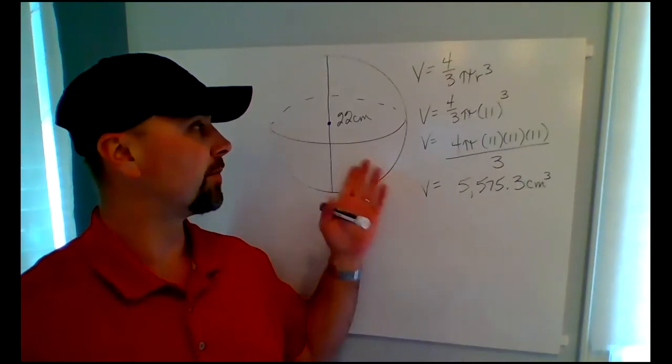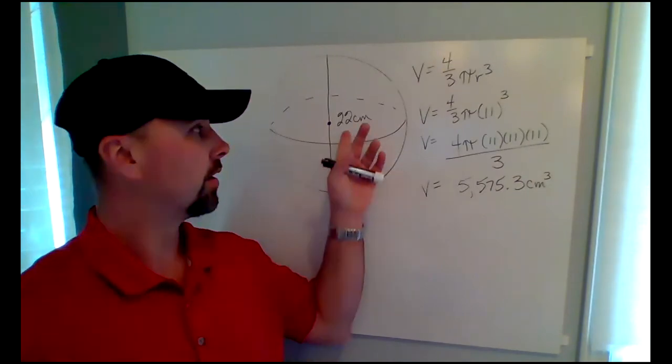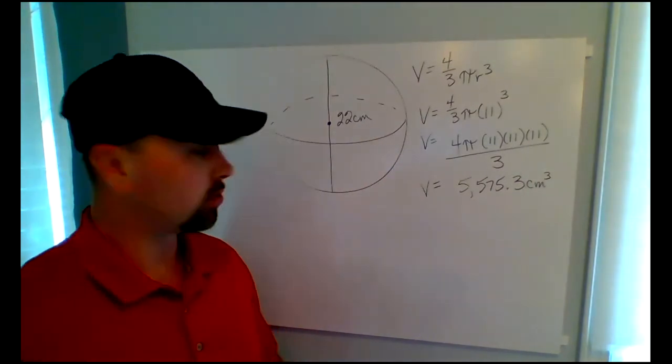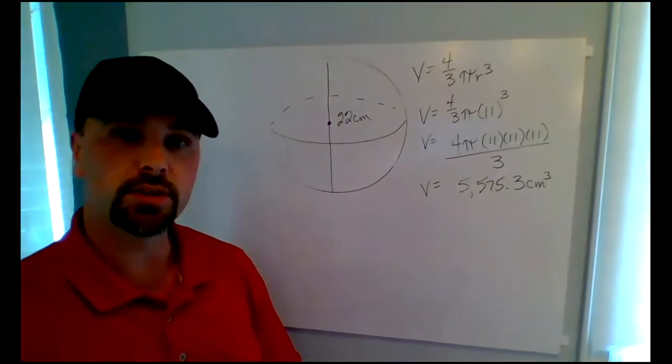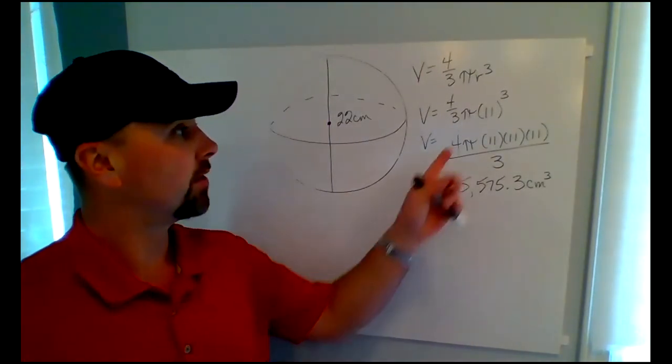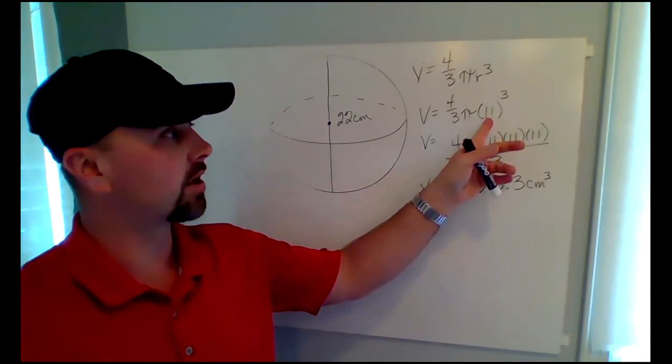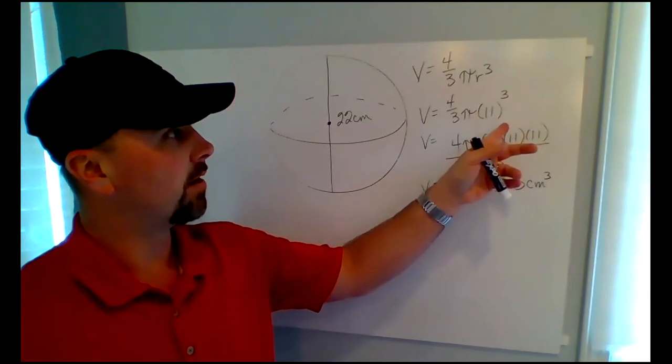The only information we need from the sphere itself is the radius. We see 22. 22 represents the distance across the sphere. We need the radius, which is half of that, okay? So therefore, we put the 11 in for the radius. Everything else comes down as it is.